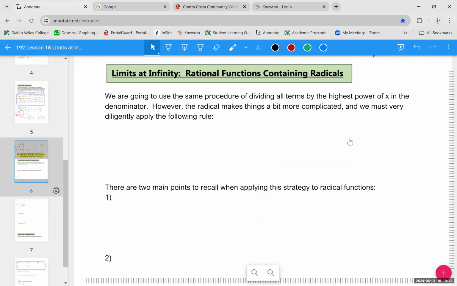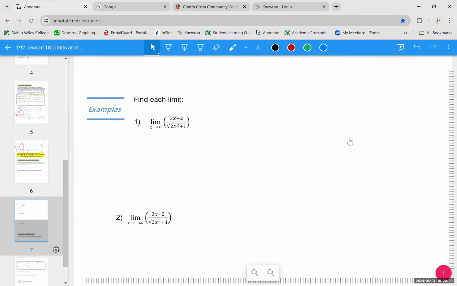So now we're also going to talk about rational functions that contain radicals. And one of the reasons we learned this technique is because it doesn't work perfectly if the functions have radicals in them. Okay, so let me give you an example. On the next page, you can see we're trying to find limits at infinity of these types of problems.